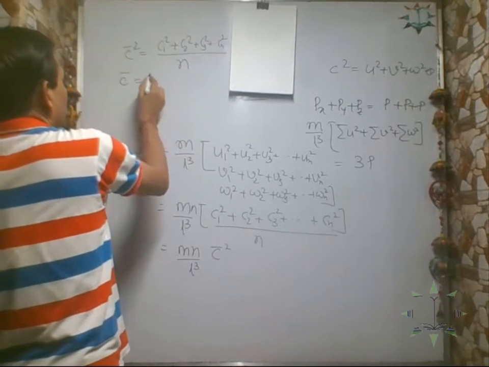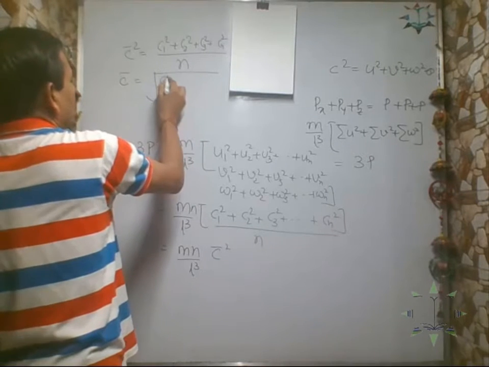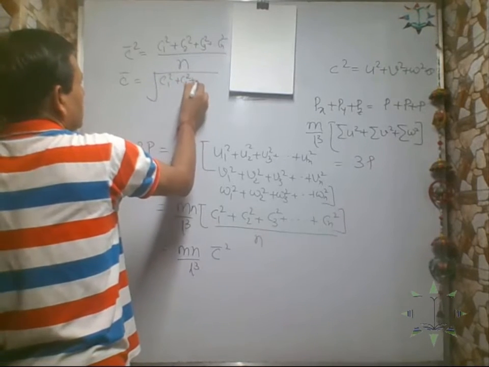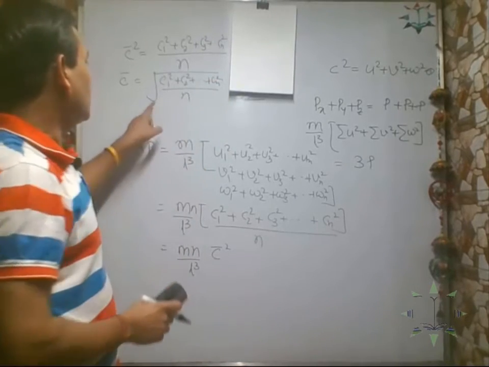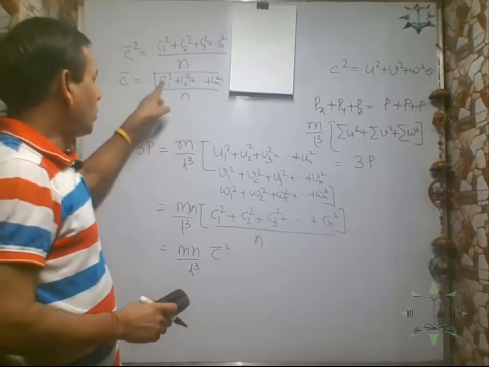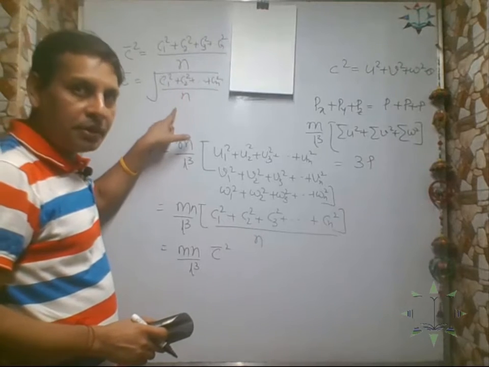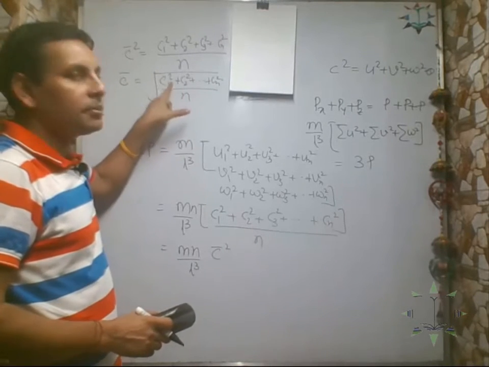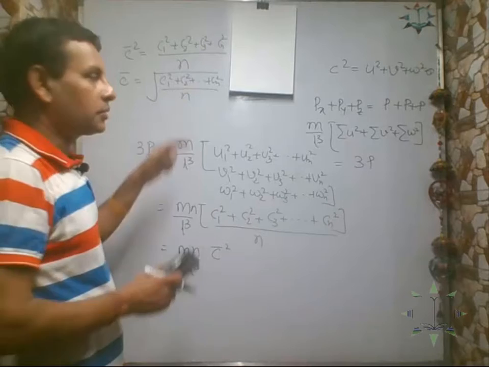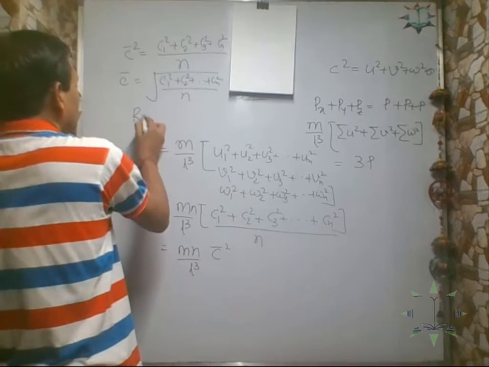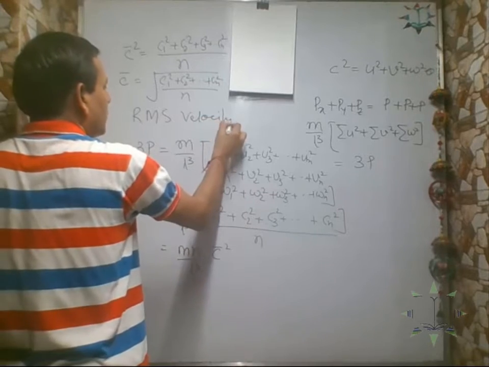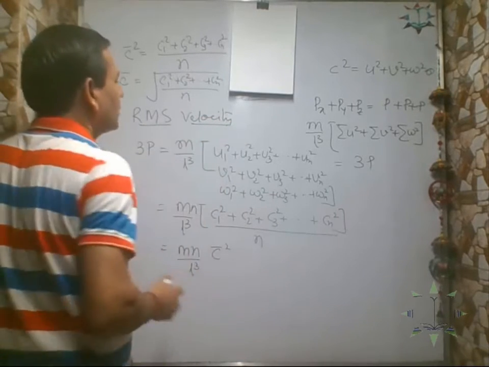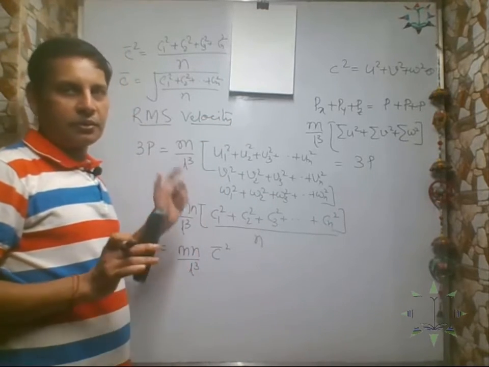Or c bar is the square root of c1 square, c2 square, c3 square, cn square by n. This is called root mean square velocity. All are added and divided by n, which is the mean, and each term is squared. In one way, this represents the mean velocity of the gas molecules.